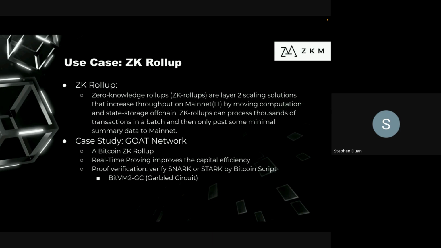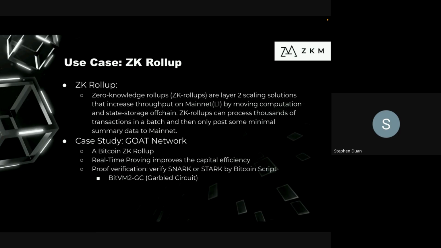The first one is that you generate proof for your off-chain computation, and another place is that you can use it in BitVM itself. For BitVM itself, when you generate the Bitcoin scripts for the proof verifier, the script size is very large.